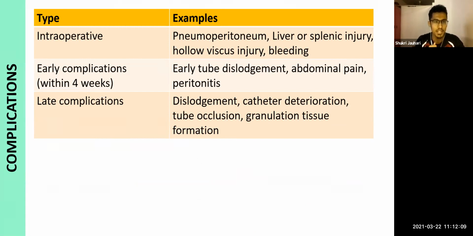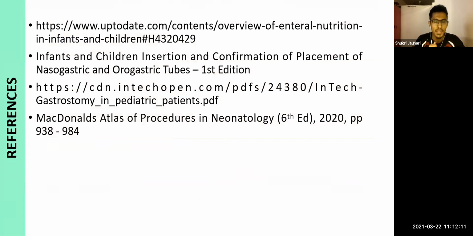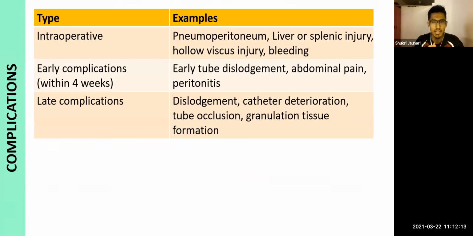For the early complication, the patient can present with early tube dislodgement, abdominal pain, and also peritonitis. And for the late complication, the patient can present with dislodgement, catheter deterioration, tube occlusion, and also granulation tissue formation. So that's all for the gastric tube.